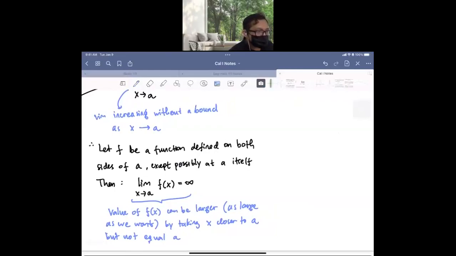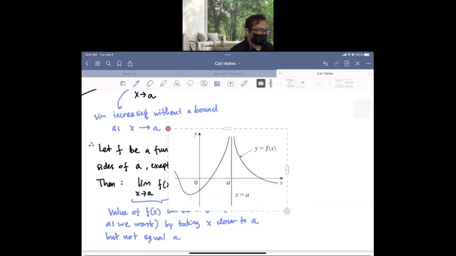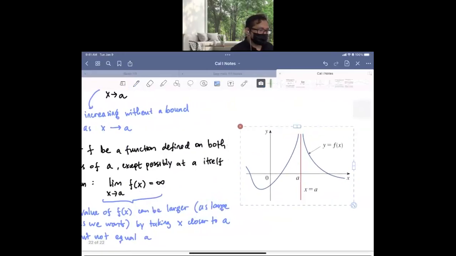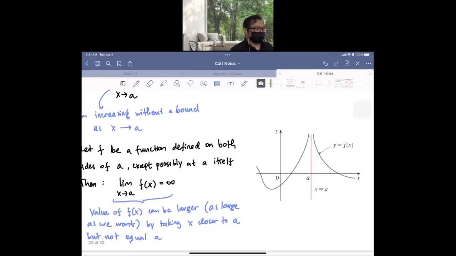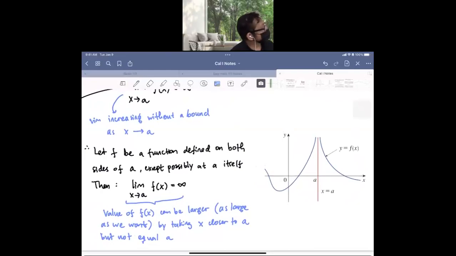I think I have the graph. So we are going to have an asymptote.